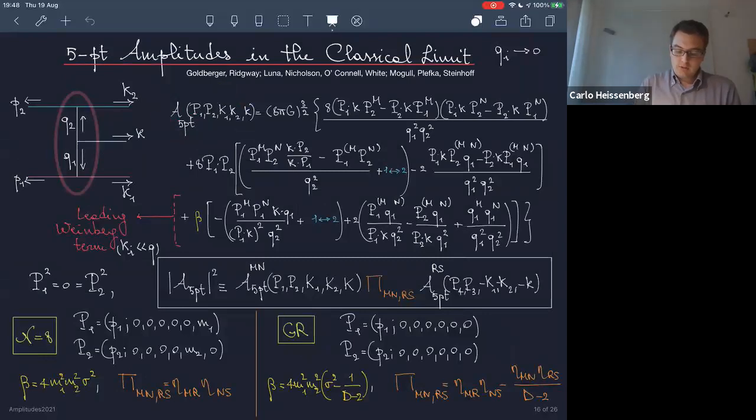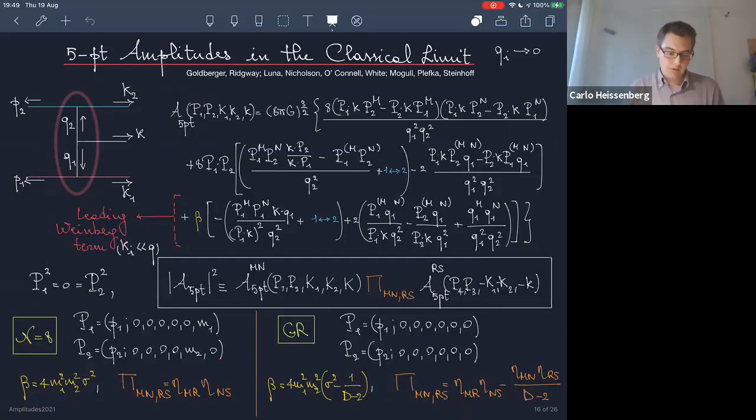We need to stick it into some appropriate square involving this intermediate projector pi. And let me emphasize that by suitably choosing beta and pi, one can keep both theories under control. So one can go easily from n equal 8 to GR by suitably changing the expression for these quantities.